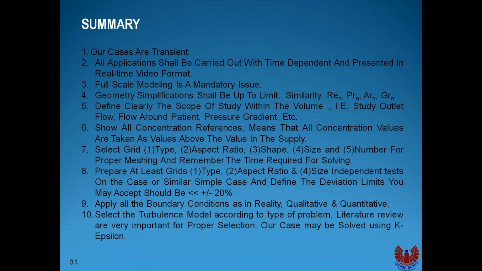Then you can increase the size, make it coarse, make it fine, up to 20% deviation. So no problem, you can proceed. But in our cases, we don't allow more than 10% deviation in the grid independence study.